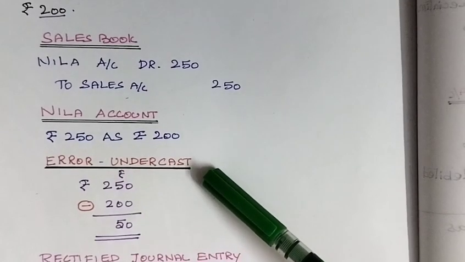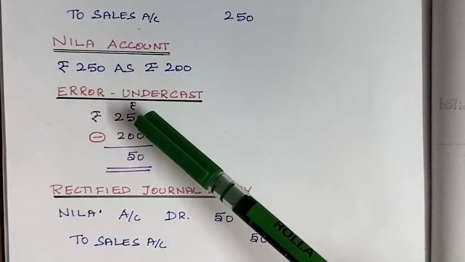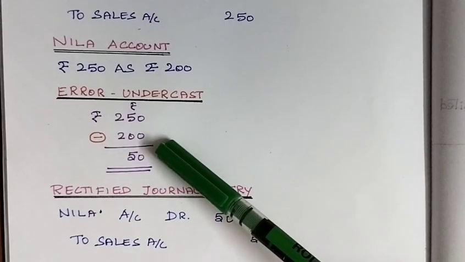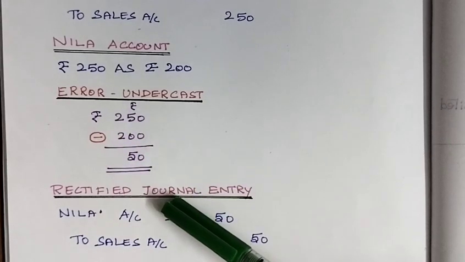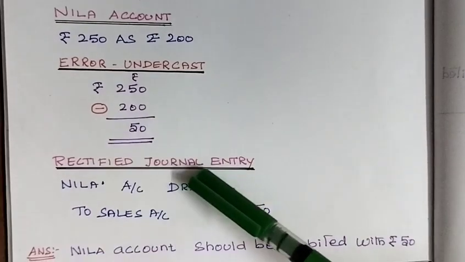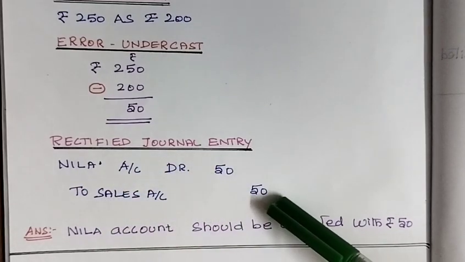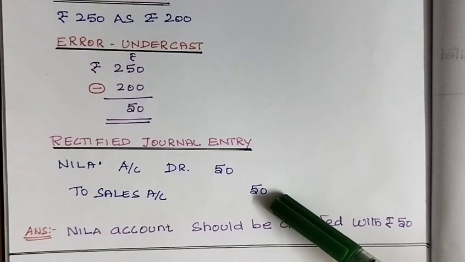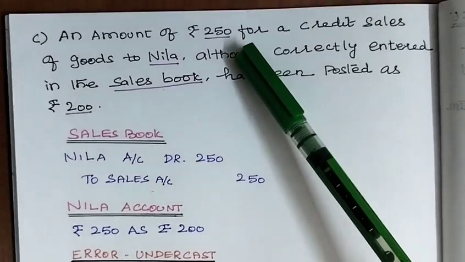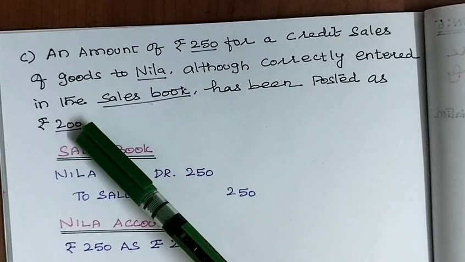So you have to subtract 200 from 250. You have to enter only the difference value in the rectified journal entry. The difference amount is 50. So the rectified journal entry is Nila account debit 50 rupees to sales account 50 rupees. Because the amount is the error: instead of 250 you entered 200.